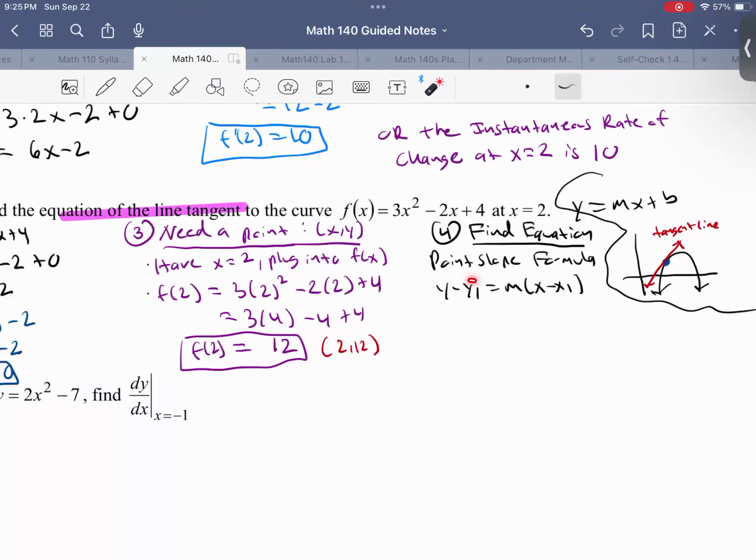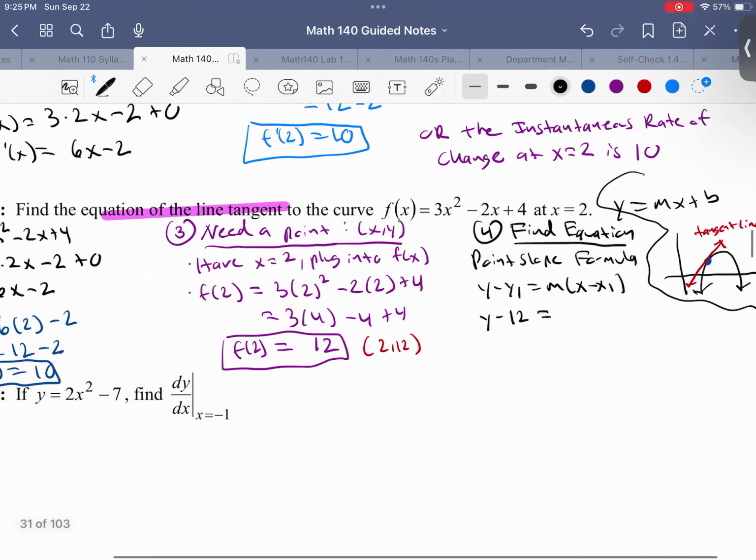So I have my point and I have my slope. So let me go ahead and plug those in. So this is y minus 12 equals 10 times x minus 2. All right, point slope formula.